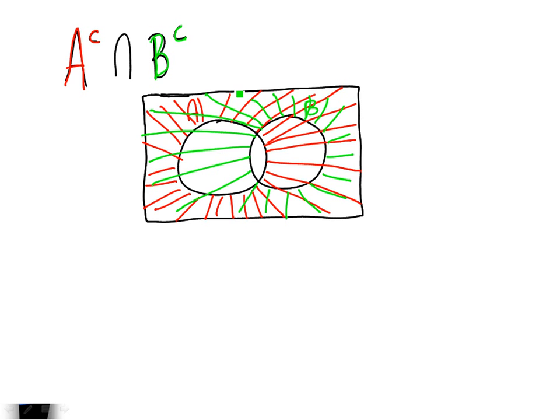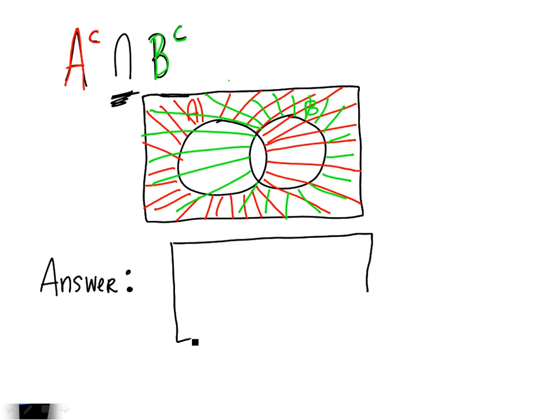Now, what is the answer? Because on the exam, I don't want to see all of that, because that's not the answer. The answer is, what is the intersection of these two things?